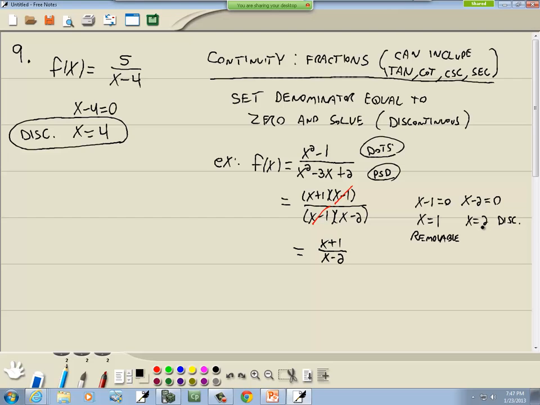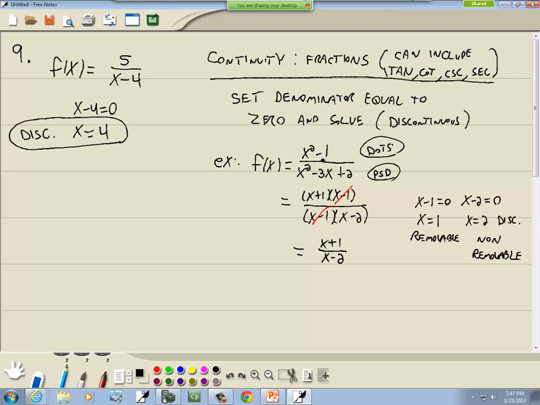And this one isn't removable, so it's a non-removable, if that's a word. So again, this one canceled away, so that x minus 1 was removable. This x minus 2 stayed there, so it is non-removable.